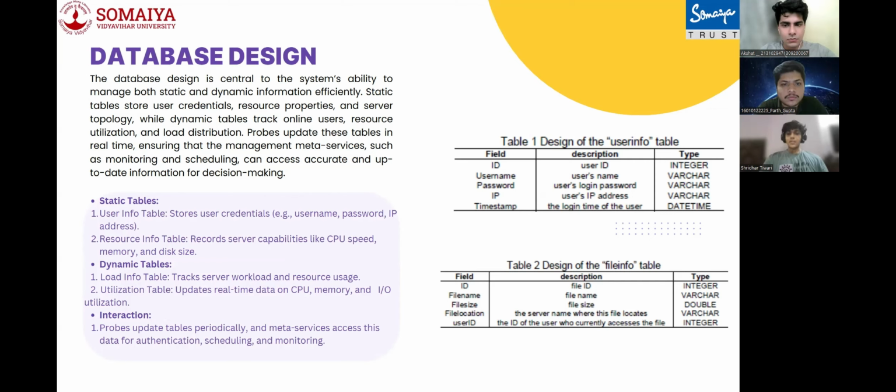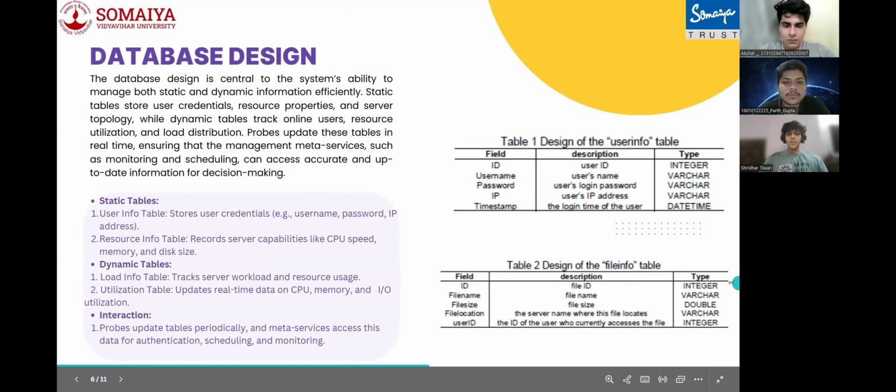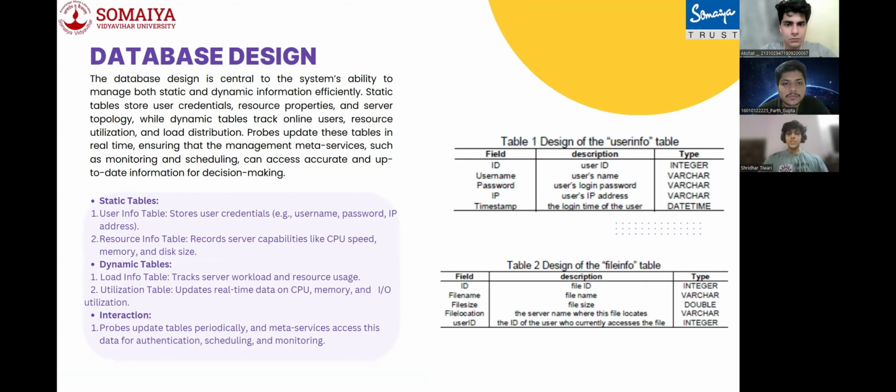Dynamic tables consist of the load info table tracking server workload and resource usage, and the utilization table updating real-time data on CPU, memory, and I/O utilization. Probes update these tables periodically, providing meta services with accurate information for authentication, scheduling, and monitoring decisions.